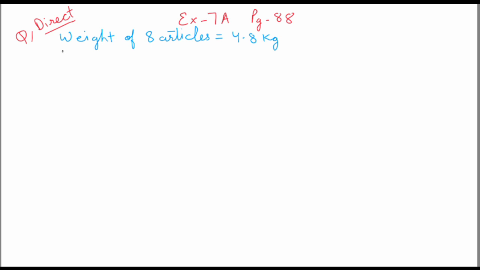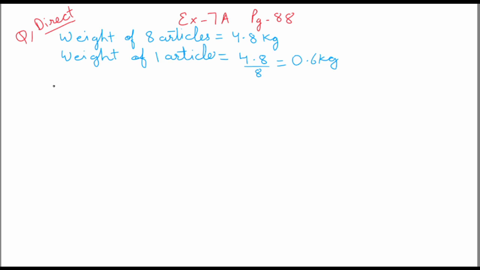Now we have to find the weight of one article. As we know, this is our unitary method. So first we have to find the unit, that means one article. For this, what are we going to do? First we have to divide it with 8. And when we divide it, we get 0.6 kg.